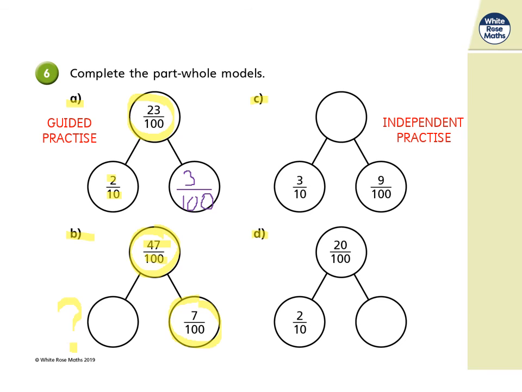But just like in our 23 hundredths, we had 2 tenths, which would also equal 20 hundredths. So I wonder if you know what would go in our missing part here. Yes, you're correct. It would be 4 tenths, or what would that be equivalent to? Yes, 40 hundredths.